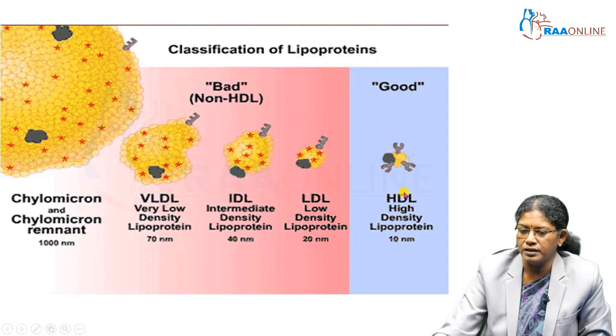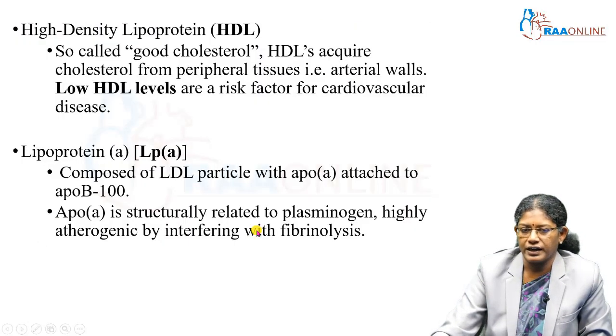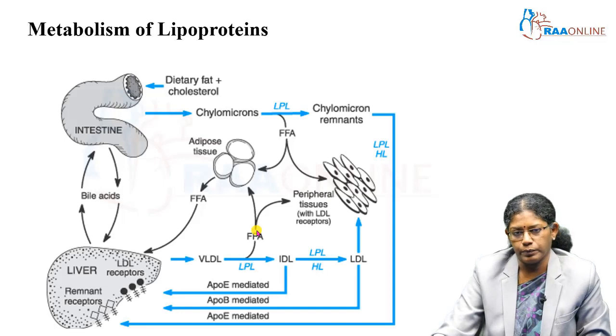HDL, supposed to be good cholesterol, has a very small size, and it is called good cholesterol because it removes cholesterol from our blood vessels to the plasma. So these are the different types of lipoproteins available in our body.